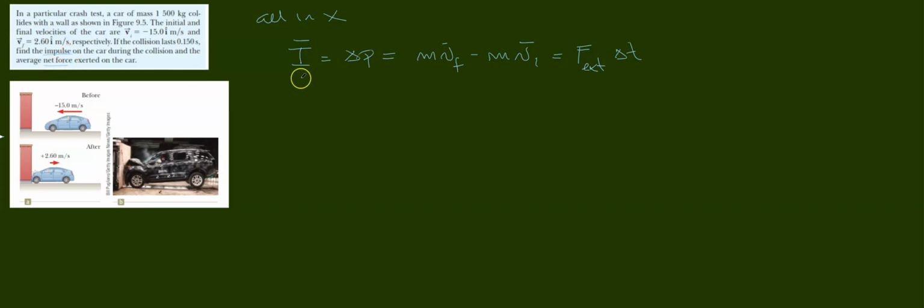So just by finding the impulse from the left side of this equation, all we have to do is take the mass, 1500 kilograms, and factor it out. So the final velocity is plus 2.6 i, minus the initial velocity, which is minus 15 i.